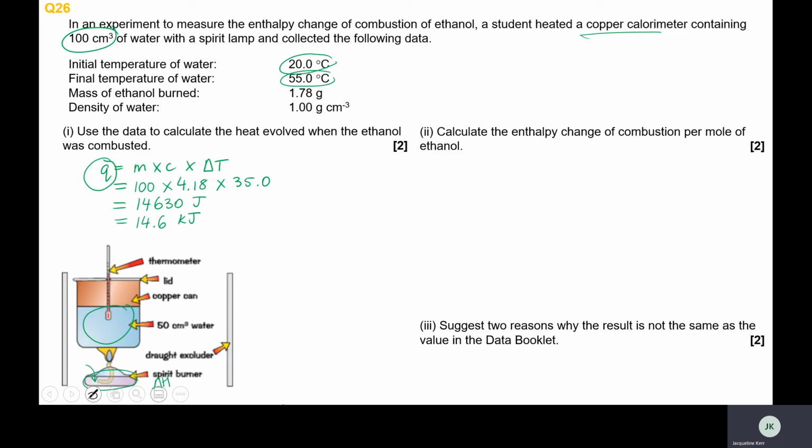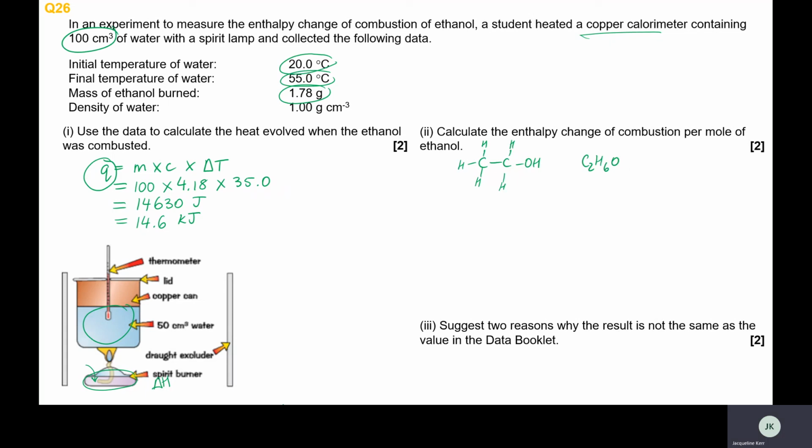So first of all, we need to know how many moles of ethanol we actually burnt. So we know the mass we used is 1.78 grams. And ethanol, if you've forgotten, looks like this. So we have 2 carbons, 6 hydrogens, and 1 oxygen.